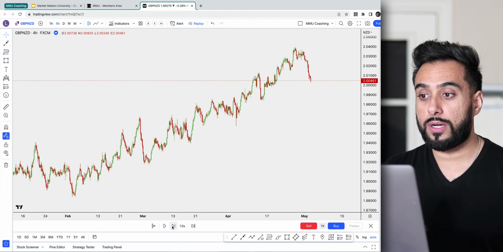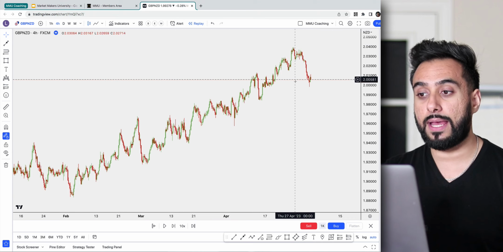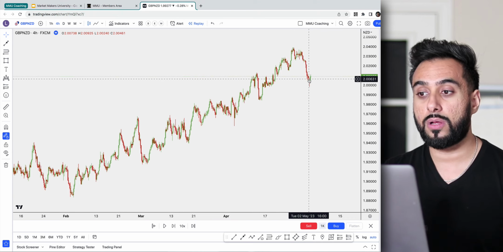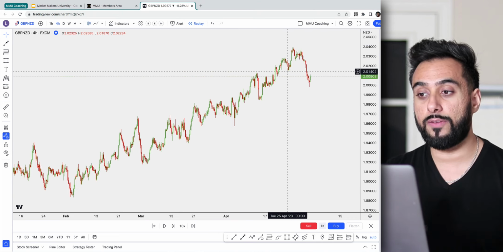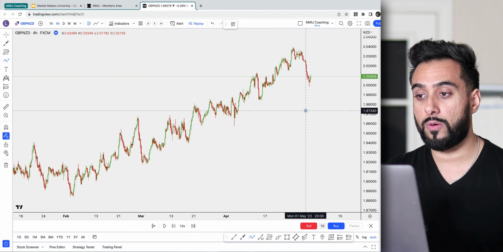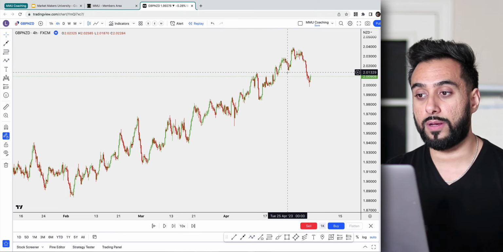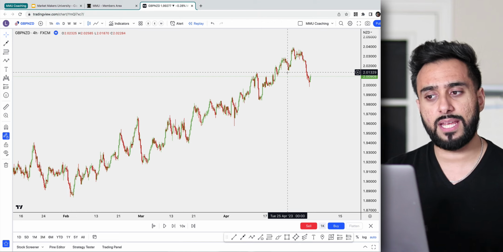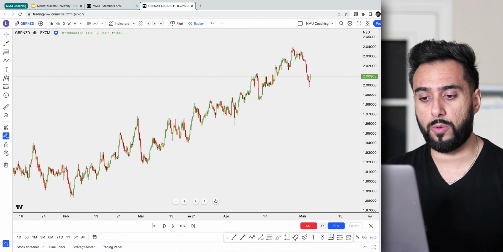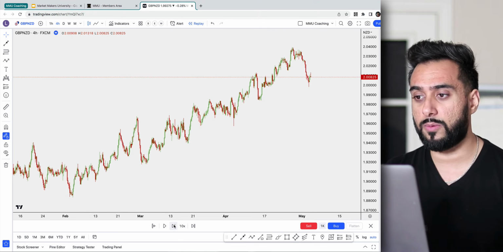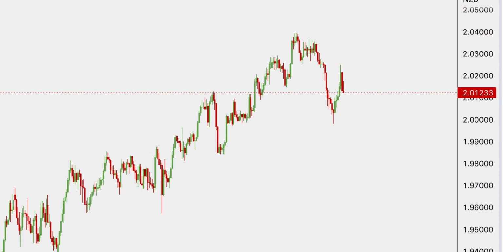So what we're seeing right now is the market has created a lower low than the previous low. Notice this low is lower than this one. So this is showing a potential sign of reversal, but we'll go ahead and continue to see what the market is going to be telling us.